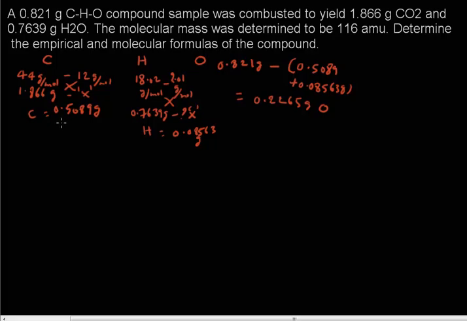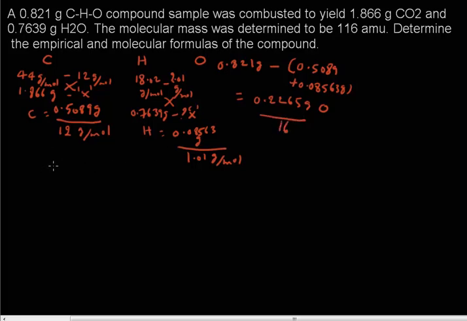So now we have determined the mass of carbon, hydrogen, and oxygen from the mass of carbon dioxide and water. Now the rest of the method is very similar to what you have seen in the previous example. We take these masses of the elements and convert them to moles by dividing by the molar masses. The molar mass of carbon is 12, hydrogen is 1.01 grams per mole, and oxygen is 16.